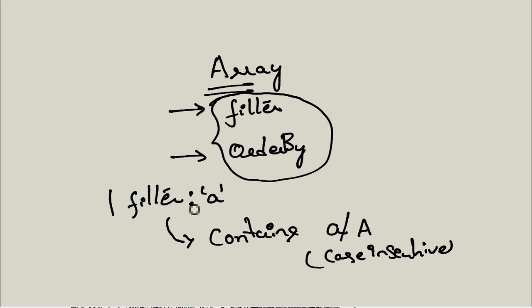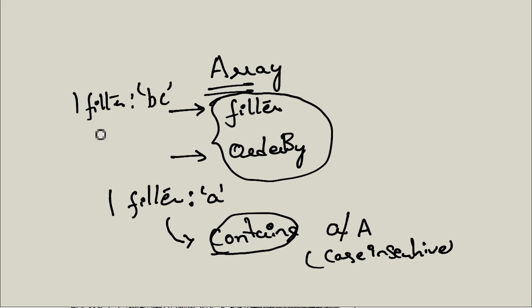It only checks the contents. So if we apply a filter of some BC, it will check the objects in an array which contain B and C. Now we will see this example.